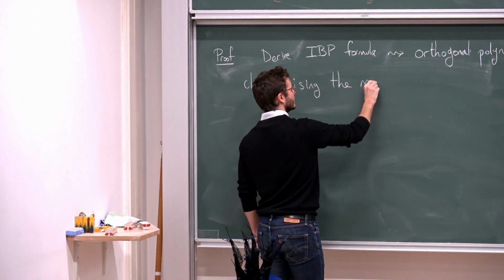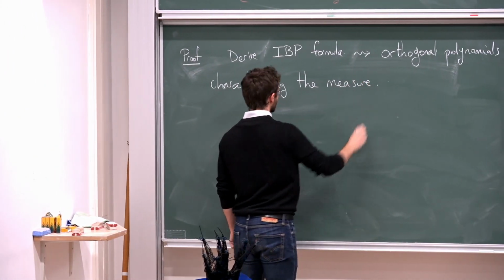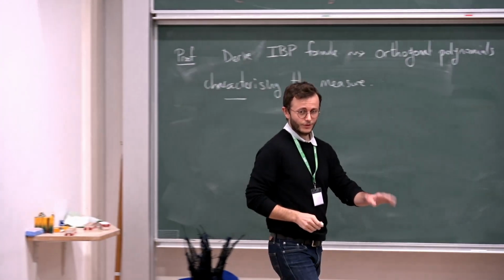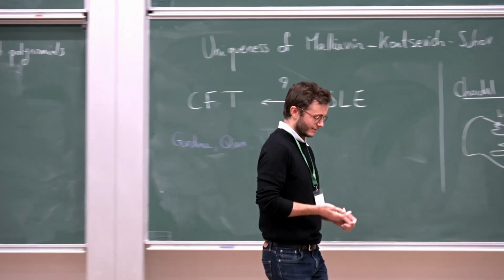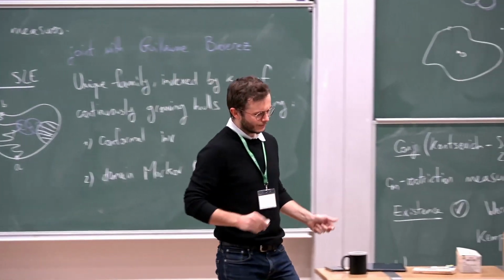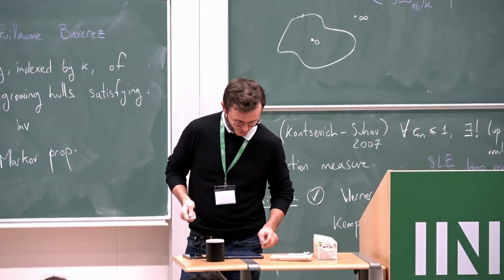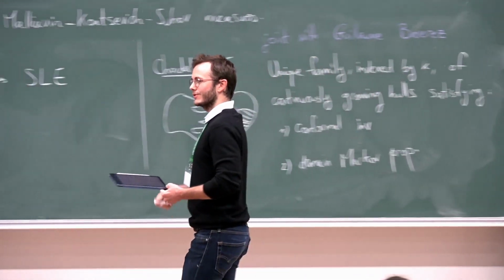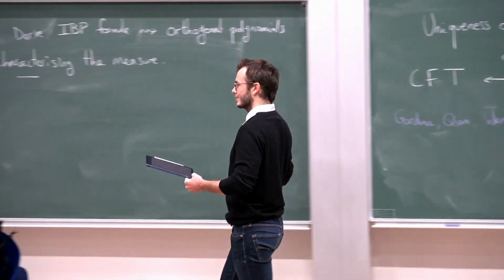Okay, so I will do a nice toy model for this idea. And if you don't like SLE, maybe you can at least appreciate this thing about a standard Gaussian random variable.